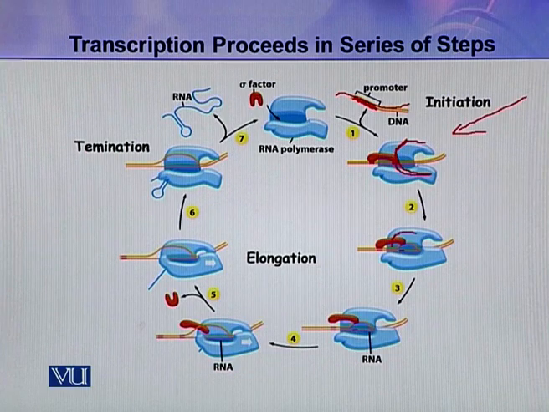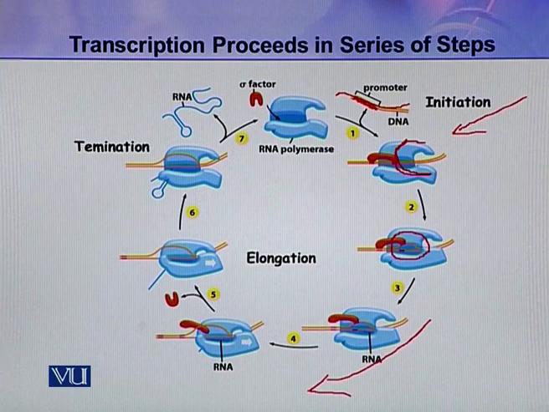Here you can see a small transcription bubble, and then in initiation, the synthesis starts. Then it goes to the elongation phase. This is the synthesis of new RNA. This is the RNA strand. So here you can see this is elongation of RNA.